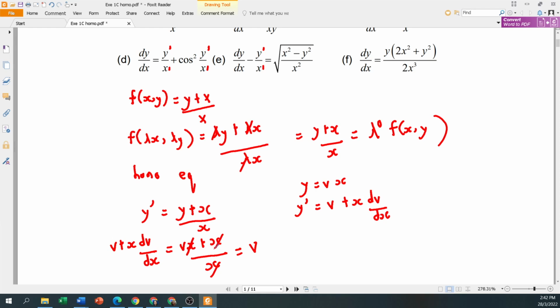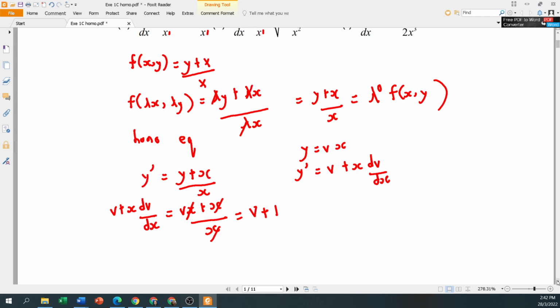When you cancel here, you still have 1. Some will make a careless mistake and be left with v only. So v plus x dv/dx equals v, am I right?